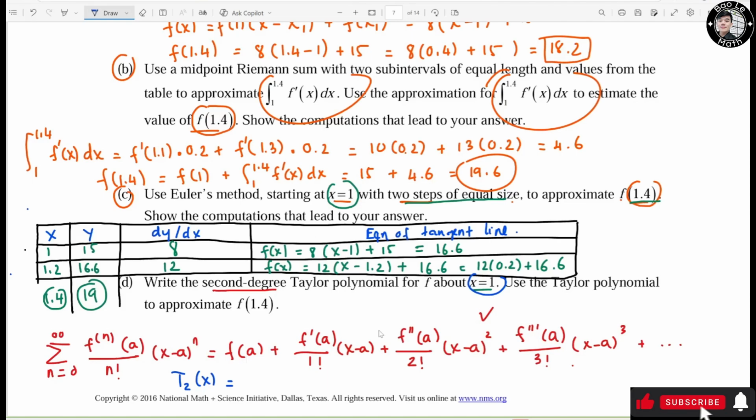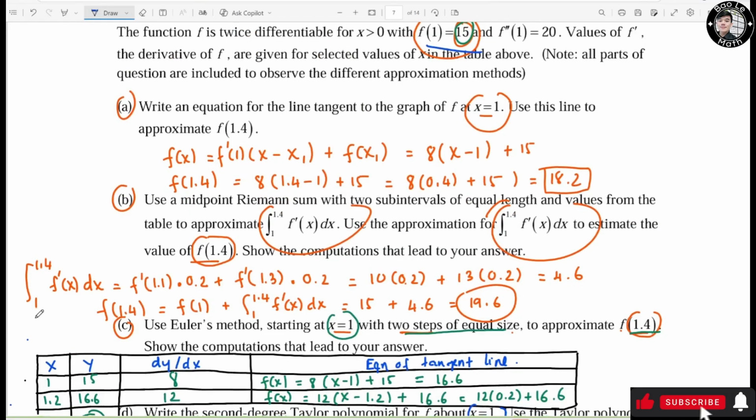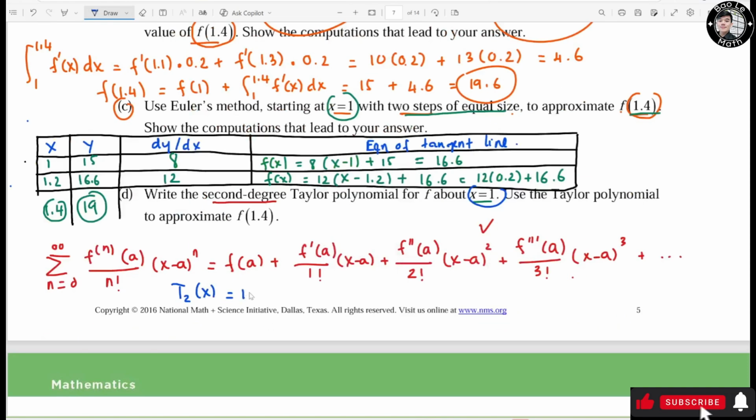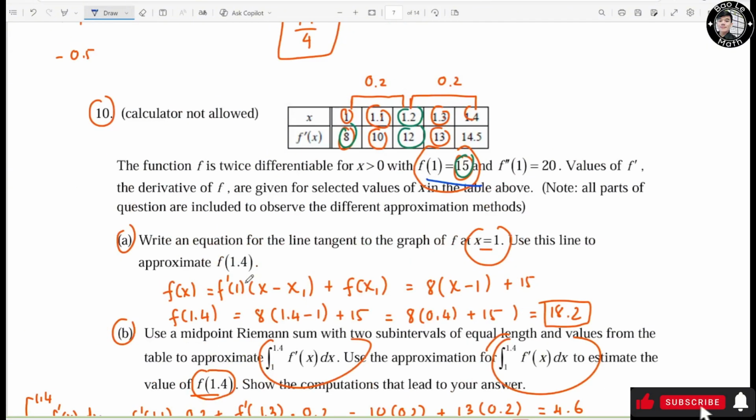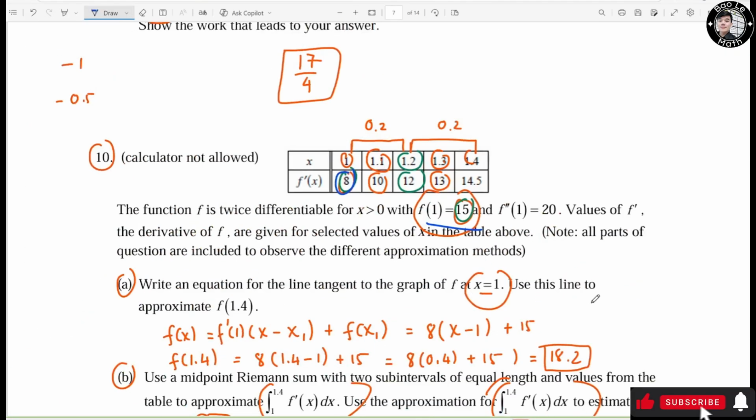But f of 1 equals 15 right here, right? So we have 15 plus f prime of 1. F prime of 1 is 8 right here, times s minus 1, plus f double prime of 1.